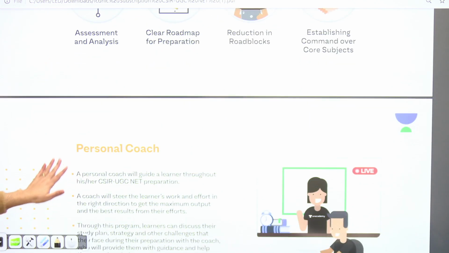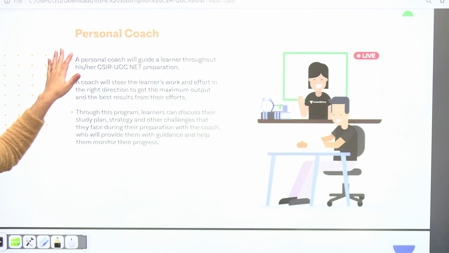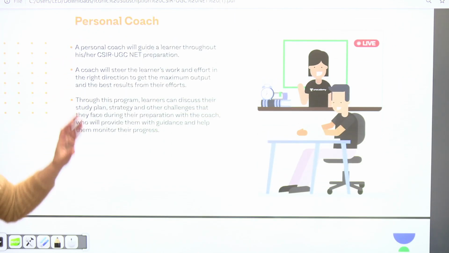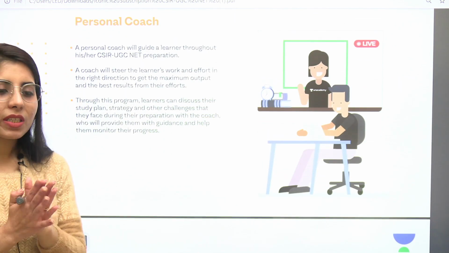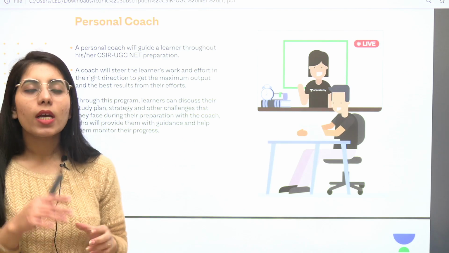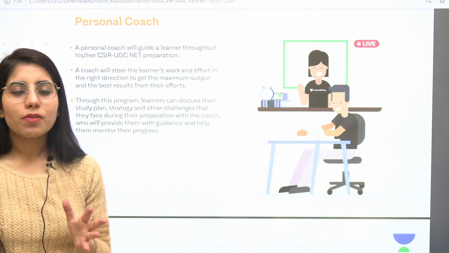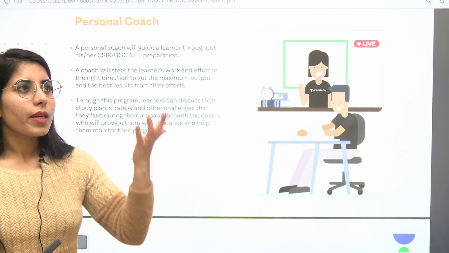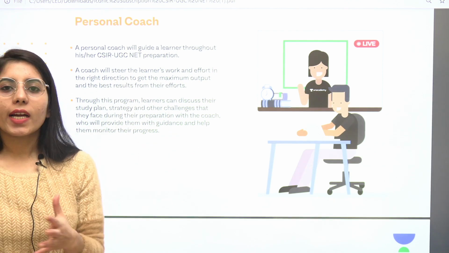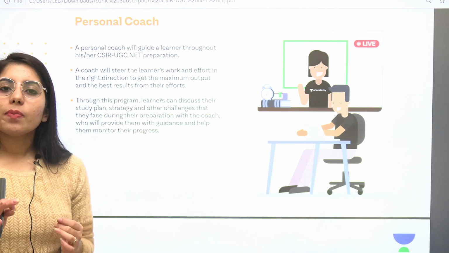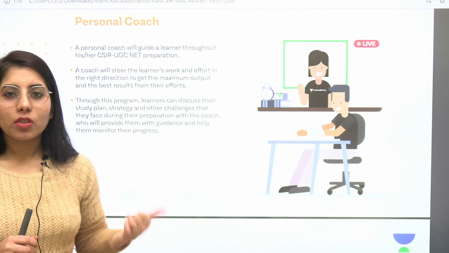Clear? And the personal coach and everything, all the details have been mentioned here. So let's say somebody takes the Iconic subscription. Even at night, at any point of time, if they have some doubts, or early morning at 5 or 6 o'clock, or at night at 1 o'clock, they will be able to ask their doubts to the personal coach.